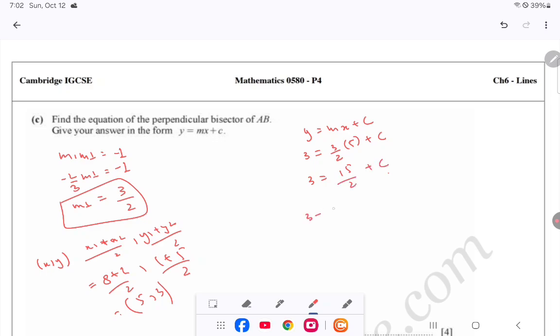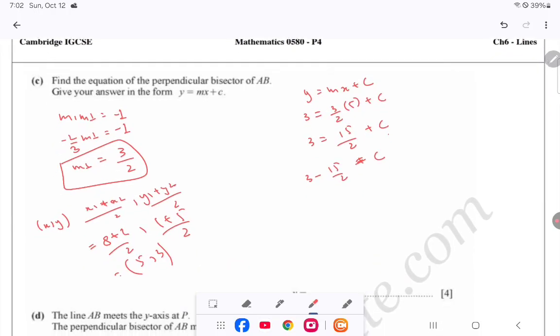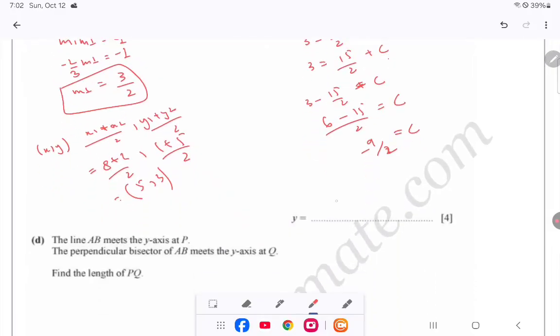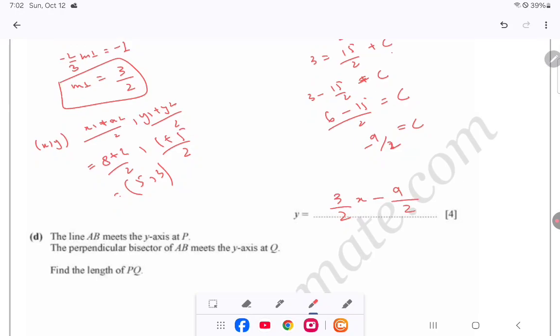Subtract 15 over 2 from both sides: 3 minus 15 over 2 equals c. 2 times 3 is 6, minus 15 over 2, so c is negative 9 over 2. The equation of the line will become y equals mx plus c, with c equal to negative 9 over 2.